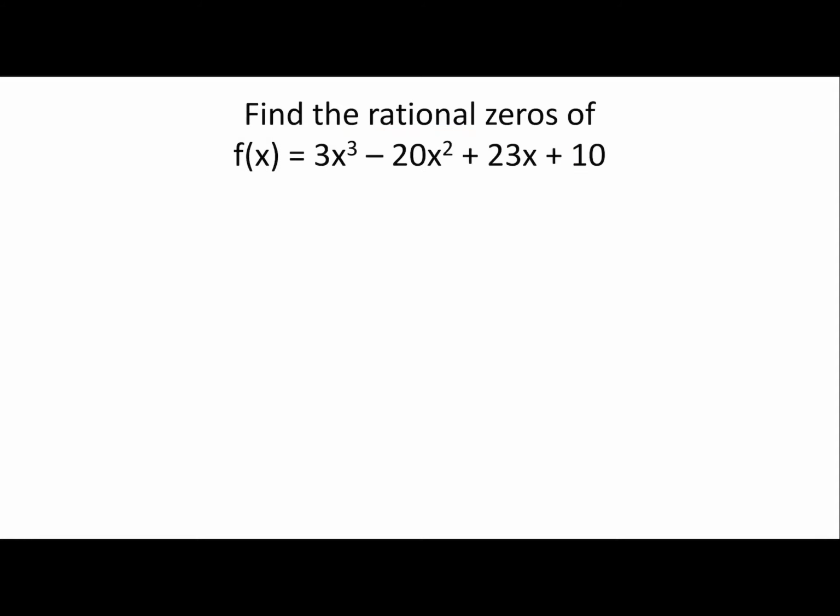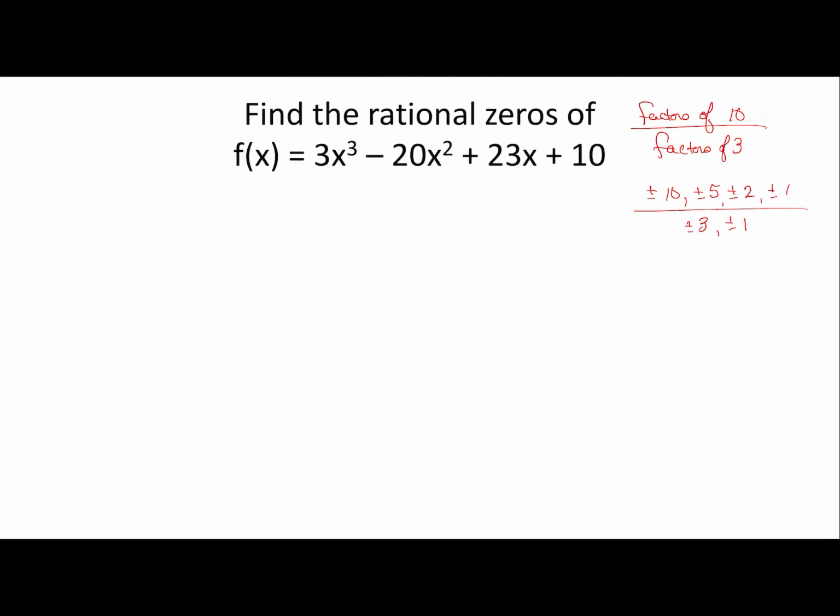So to find the rational zeros of 3x cubed minus 20x squared plus 23x plus 10, instead of randomly choosing numbers, we can choose numbers like factors of 10 over factors of 3. Factors of 10 are plus or minus 10, plus or minus 5, plus or minus 2, and plus or minus 1, and factors of 3 are plus or minus 3 and plus or minus 1.